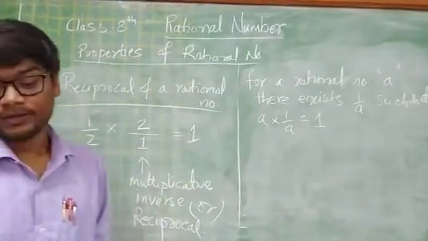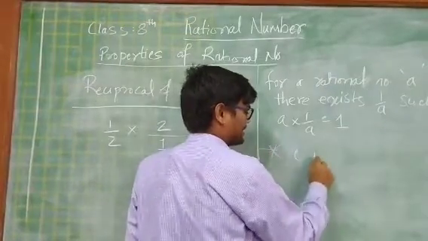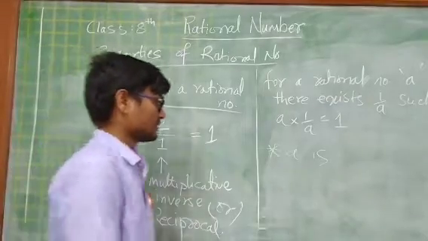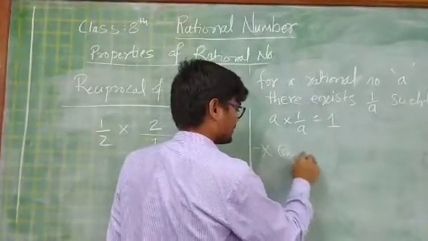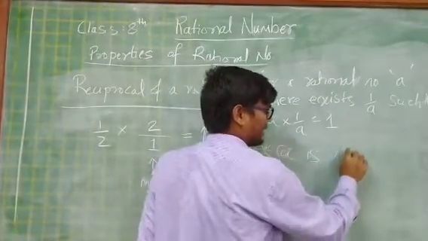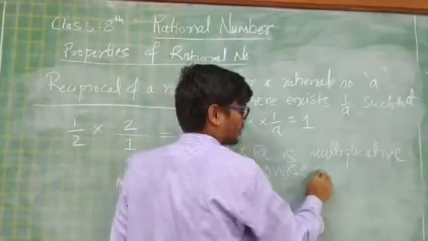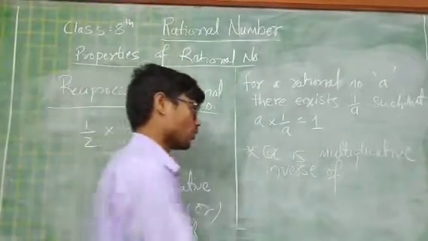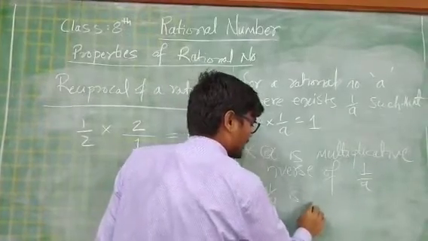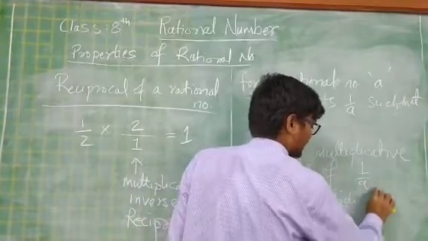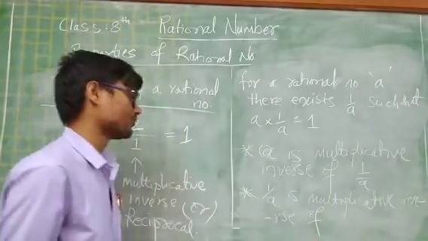Here we can say that A is the multiplicative inverse or reciprocal of 1 by A, or that 1 by A is the multiplicative inverse of A.